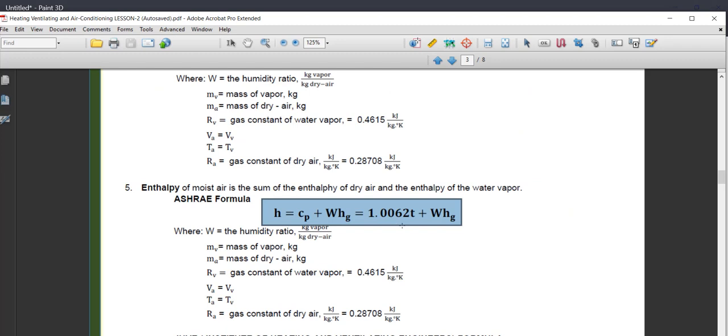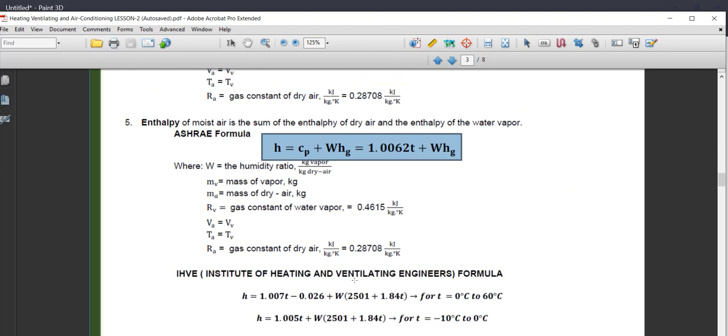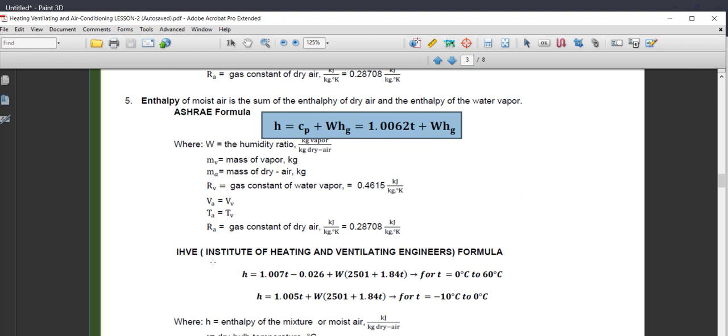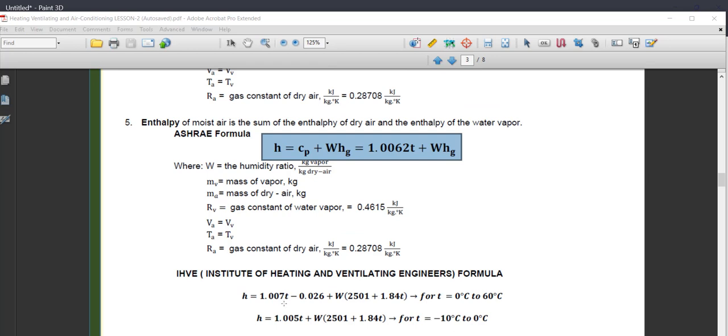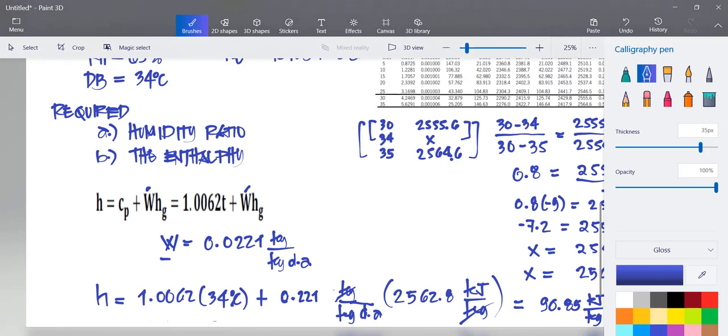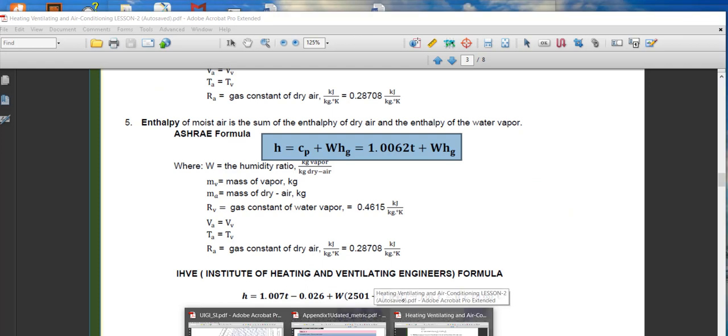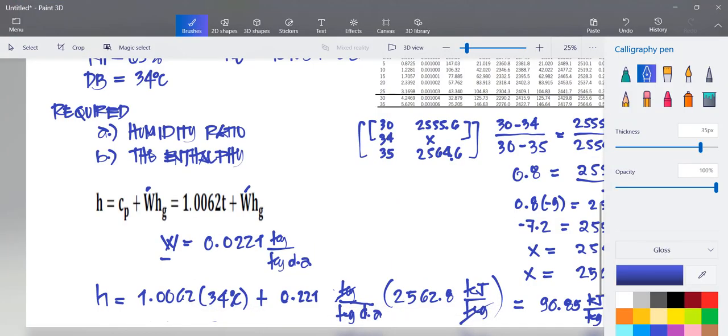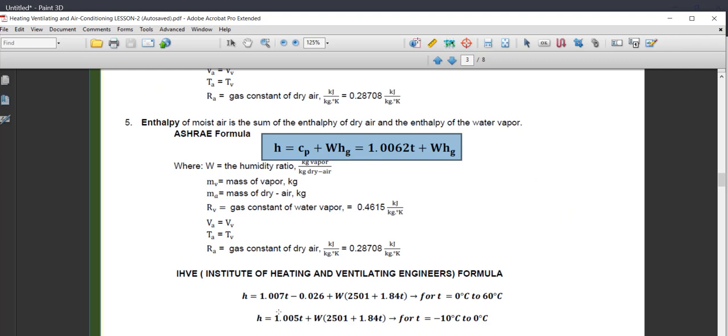Now let's try to use the equation from the IHBE. So from IHBE, for temperature 0 degrees to 60 degrees, since the temperature we're using here is the dry bulb temperature, looking at here, it will be using this part.